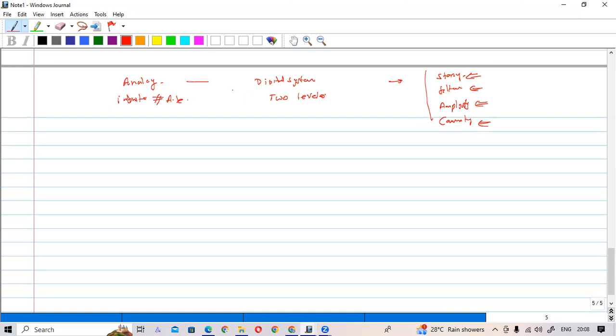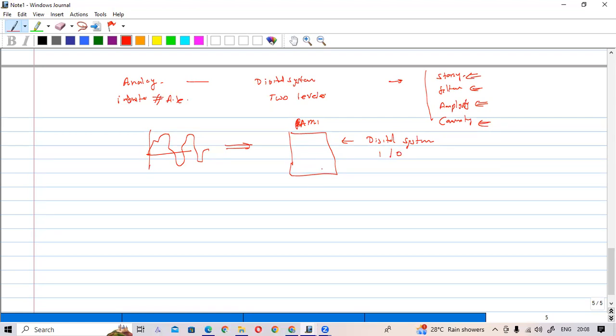Let's say that you want to store an analog signal. You have an analog signal like this. Now you want to store this signal in a RAM. The RAM is a digital system, so it has only two levels, 1 and 0.